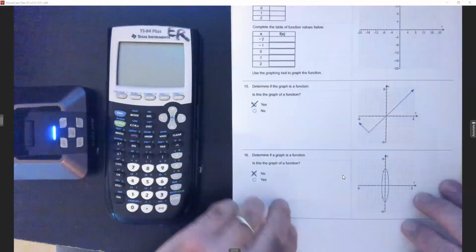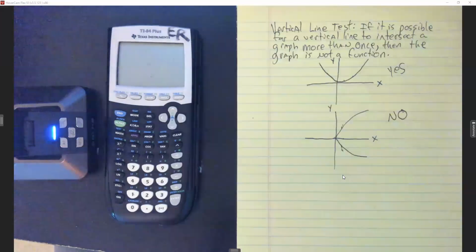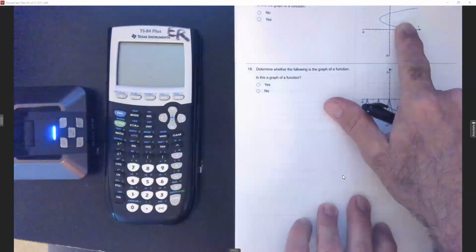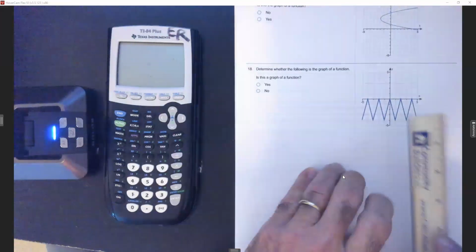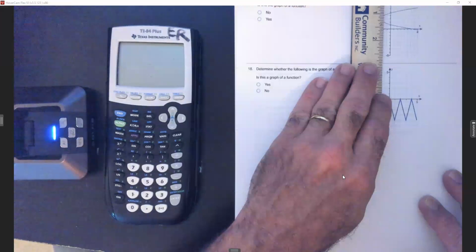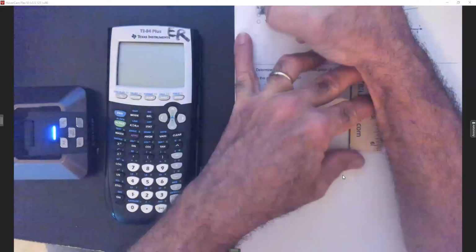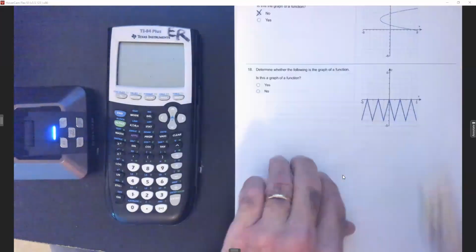All right, let me get the other pictures here. Any guesses if this is a function or not? No, that's not a function. No, because when you pass this thing, it's hitting it twice in almost every place on it. So definitely a no. Well, what about this last one?